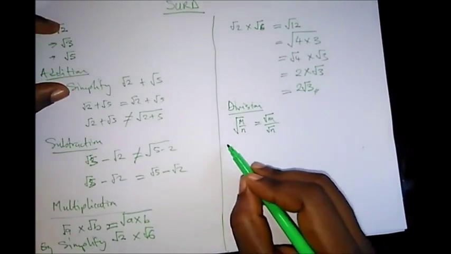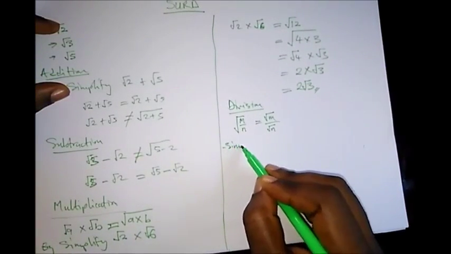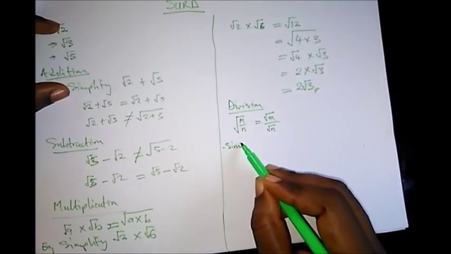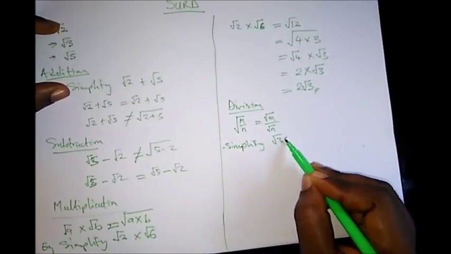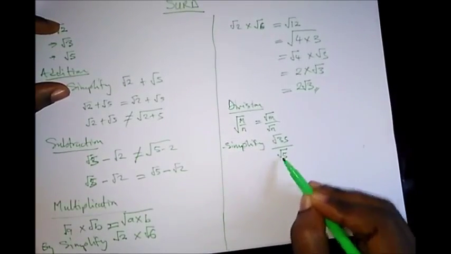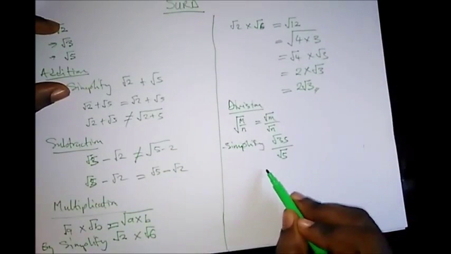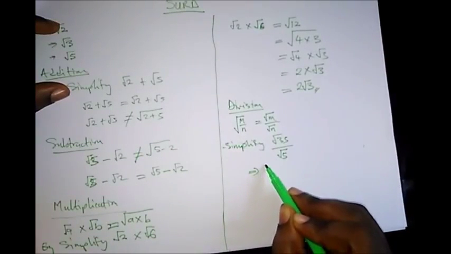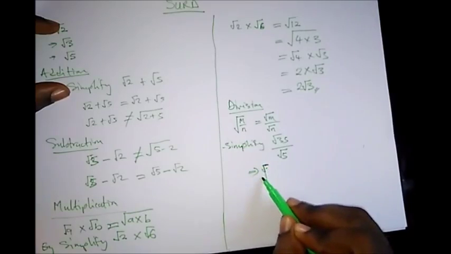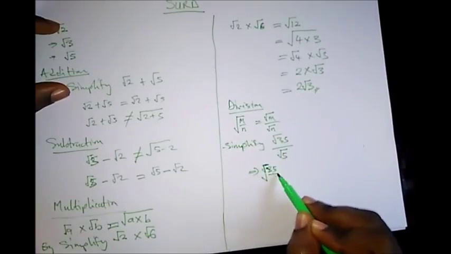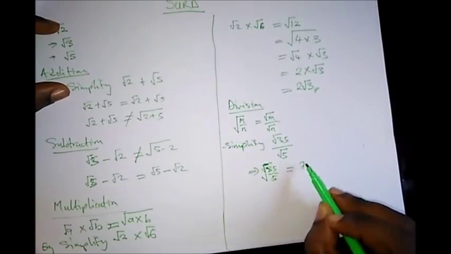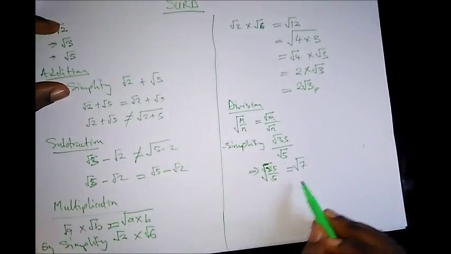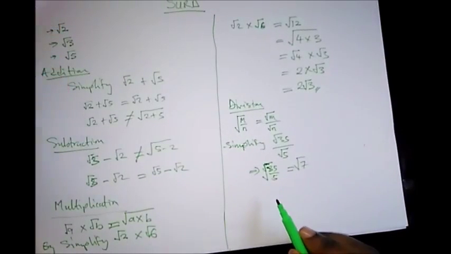And let's say we have this, simplify root 35 over root 5. This would give us root of 35 over 5. And what's the division of 35 over 5? It's going to give us 7, so the square root of 7. So this is an example.